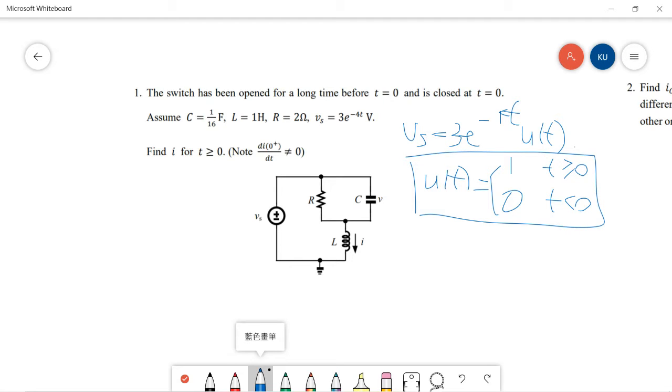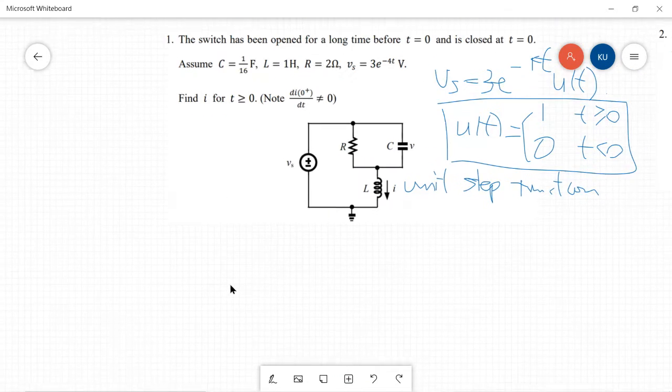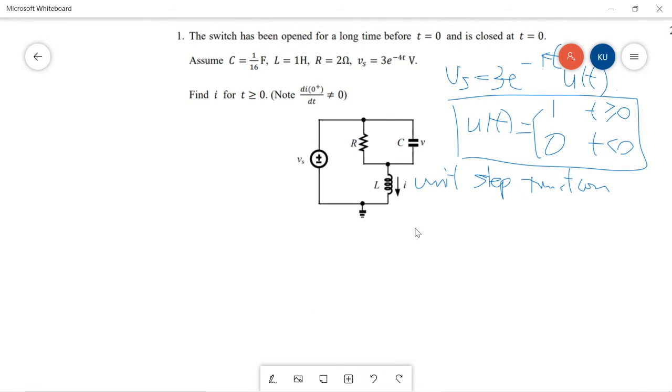So this is called a step function or unit step function. Okay, so we would like to find the expression for I for t larger than or equal to 0.